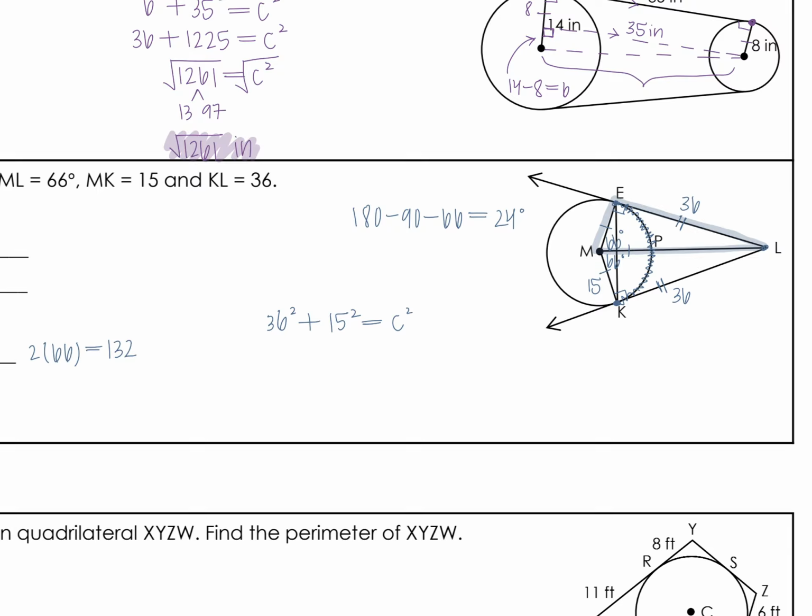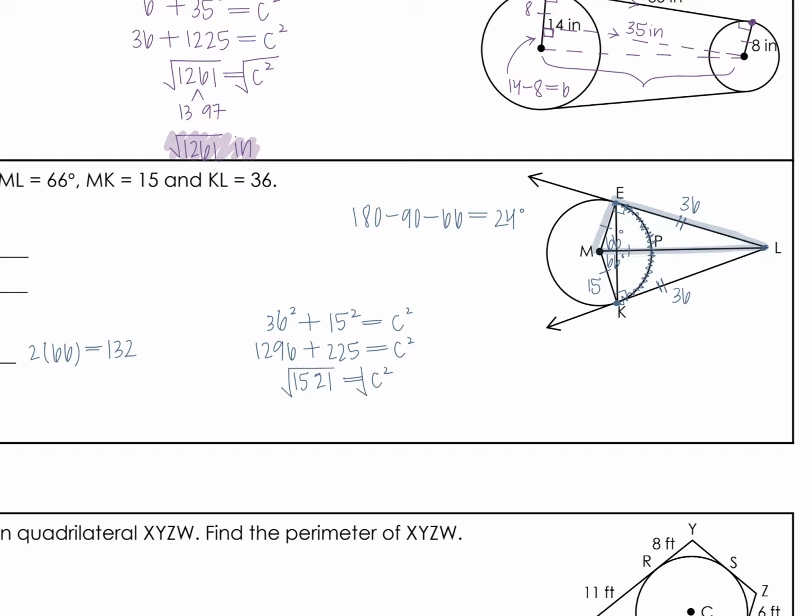So 36 squared is 1,296 plus 15 squared, 225. When you combine your like terms here, you end up with 1,521 equal to c squared.